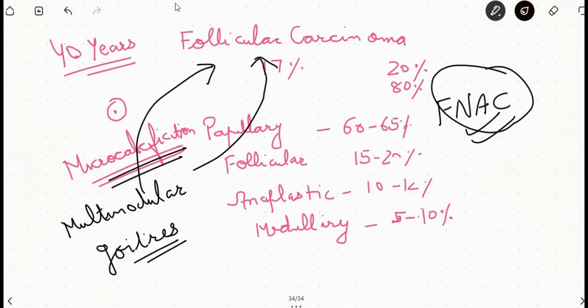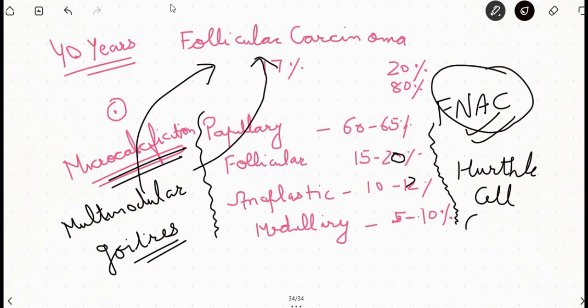After total thyroidectomy, a whole body scan is done to look for metastasis in the bone. A single secondary can be treated by oral radioiodine therapy. Hurthle cell carcinoma is a variant of follicular carcinoma.